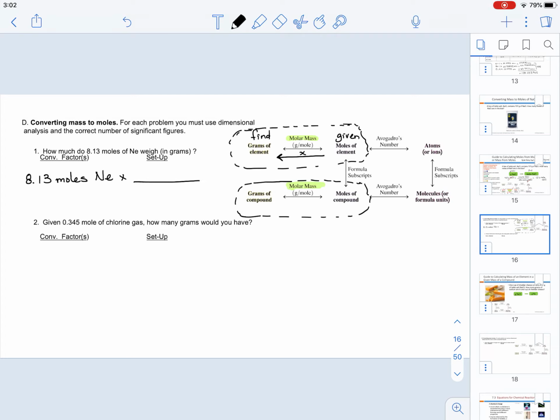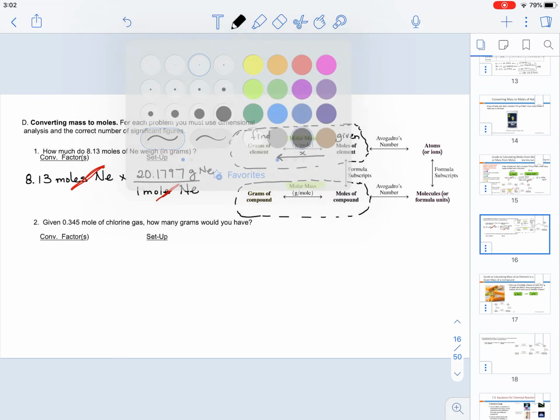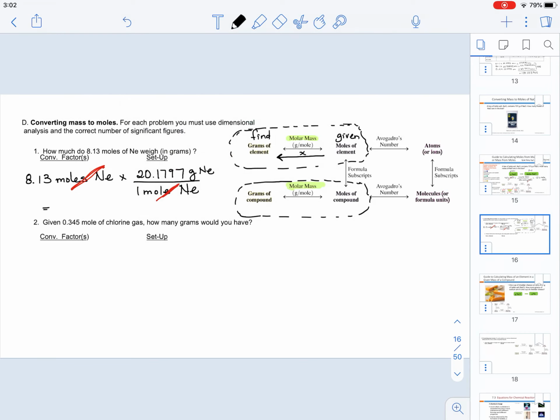And I'm going to multiply times the molar mass of neon, which is 20.1797 grams of neon in 1 mole of neon. The unit of moles of neon cancel, and then my final answer needs to be expressed in 3 sig figs, which is 164 grams of neon.